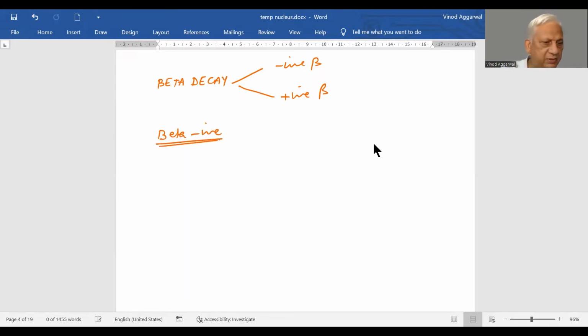Now here what happens is that a neutron tries to become a proton by shedding one electron and an anti-neutrino.